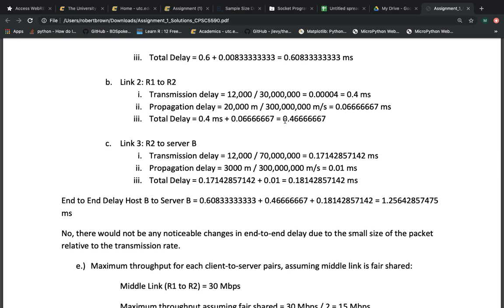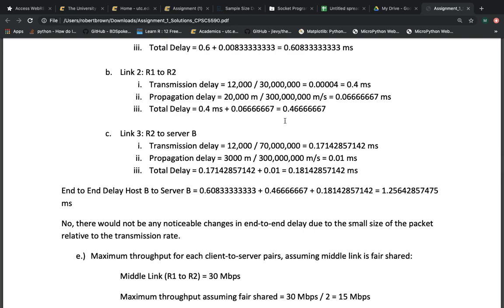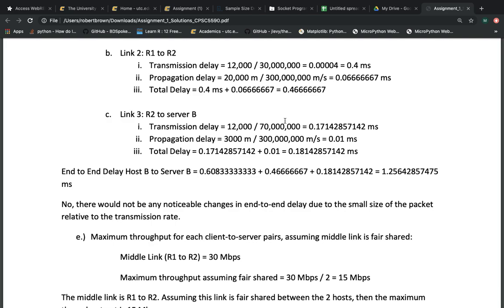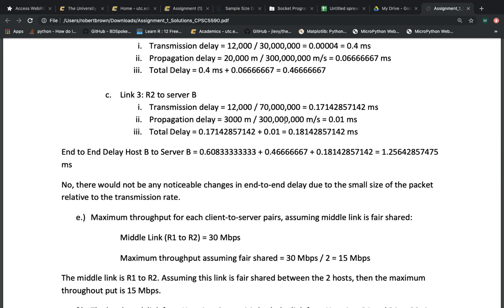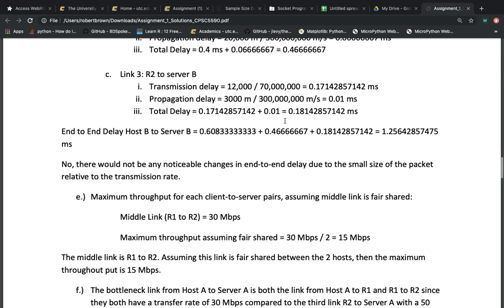Then we're going to do the same thing with R1 to R2. Transmission delay is 0.4 milliseconds. The propagation delay is 0.0667 milliseconds. Total delay is the sum of the transmission and propagation delays, so 0.467 milliseconds.